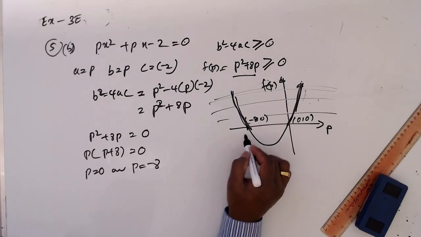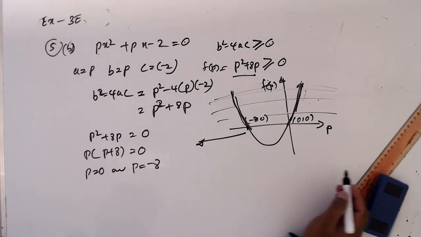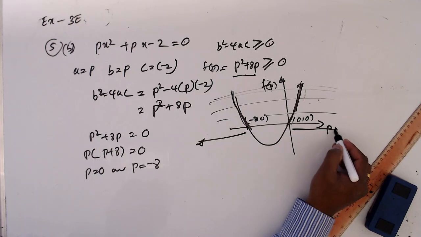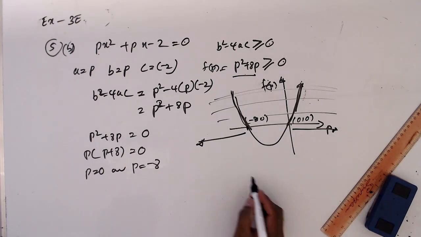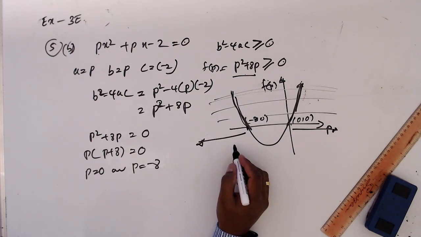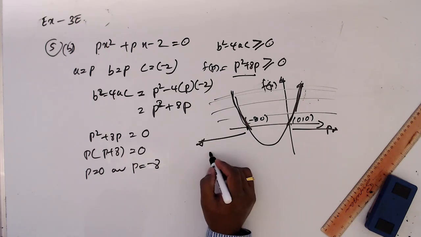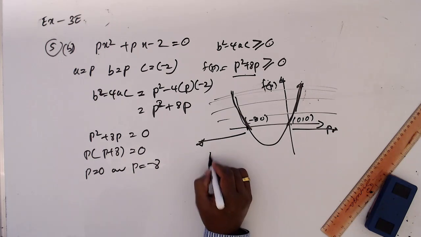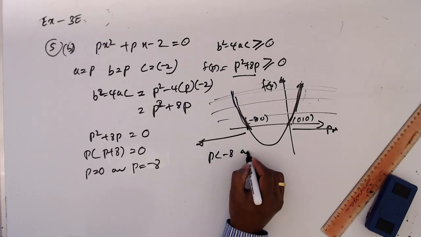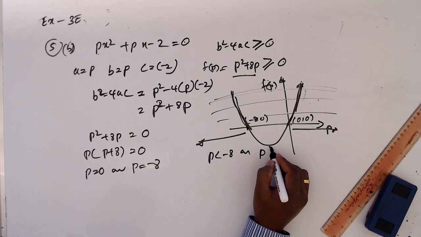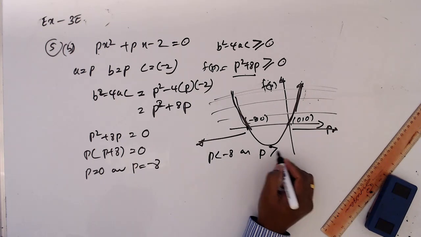It means p less than minus 8 or p greater than 0.